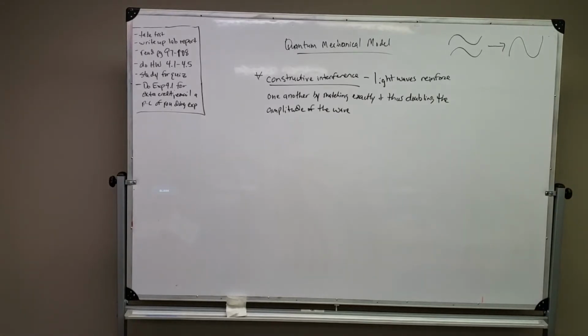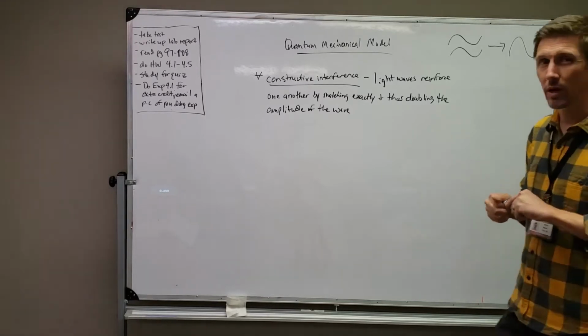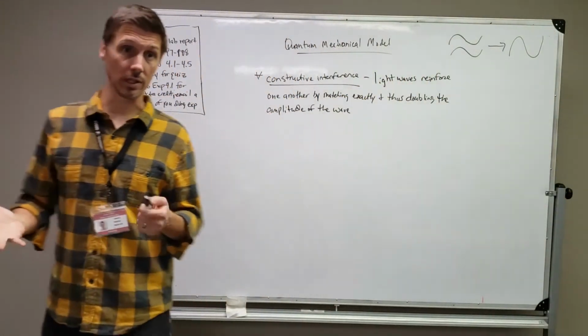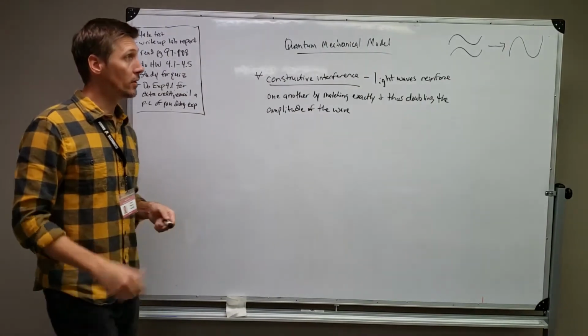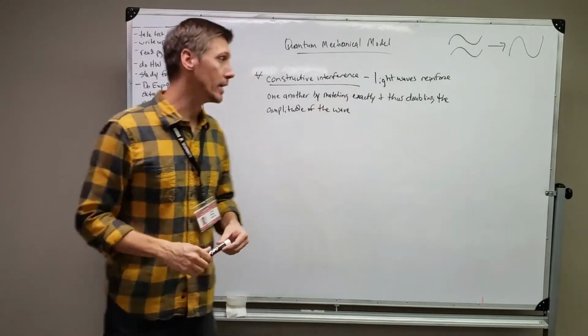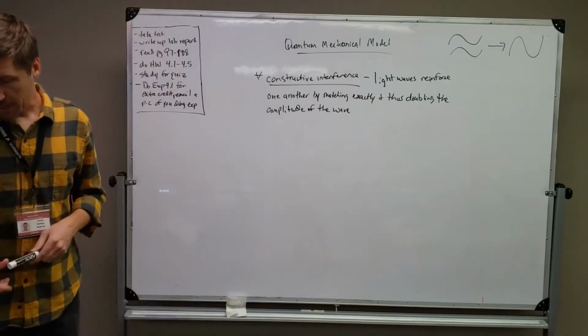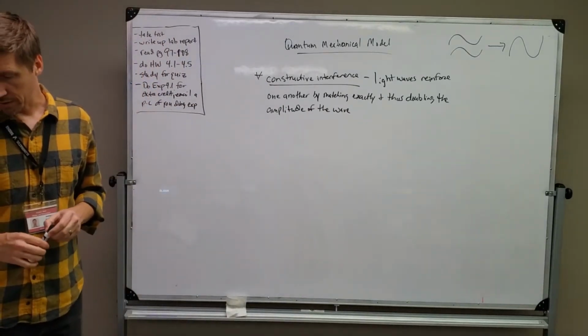And do you remember what we said amplitude is connected with? Wavelength is connected with the color of the light. What's amplitude associated with? Brightness. So the greater the amplitude, the brighter the light. And that's why you see these bright patterns that it shows in the drawing there.